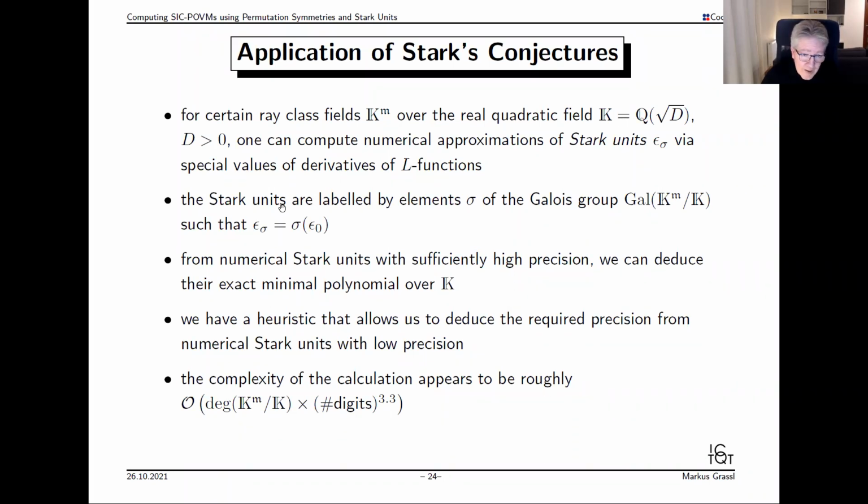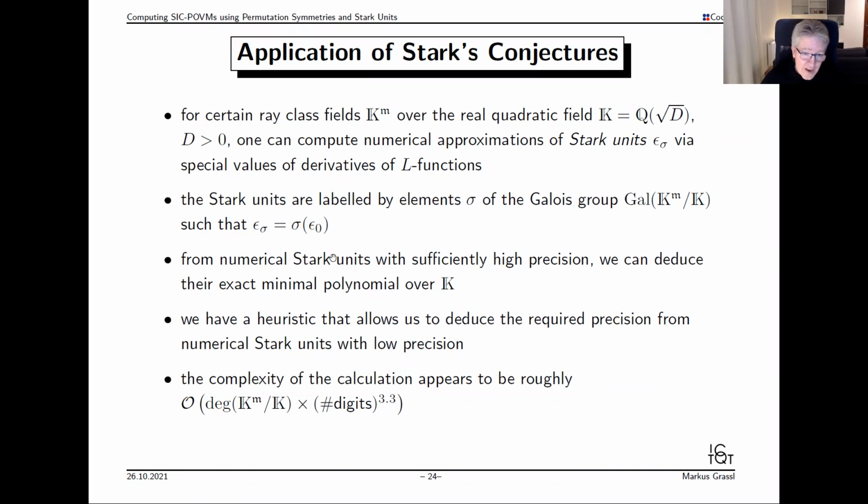What is more, despite that we have numerical values, Stark's conjectures provide us with a labeling of those by elements of the Galois group. So the Galois group is known by class field theory, and Stark's conjectures provide us with a labeling of them.